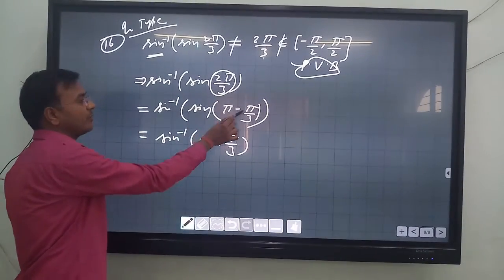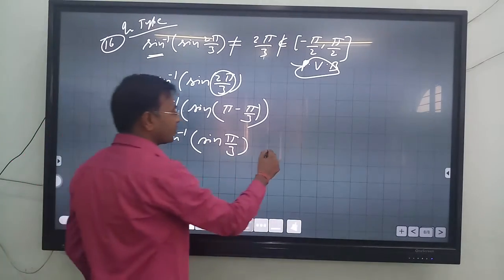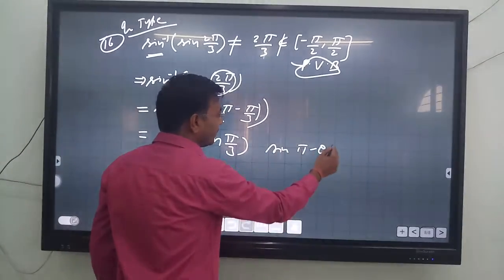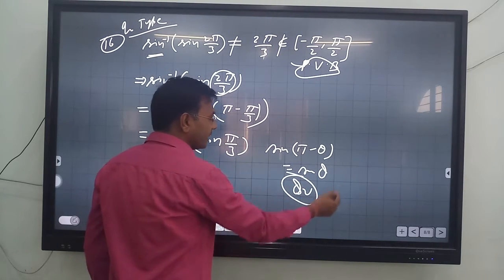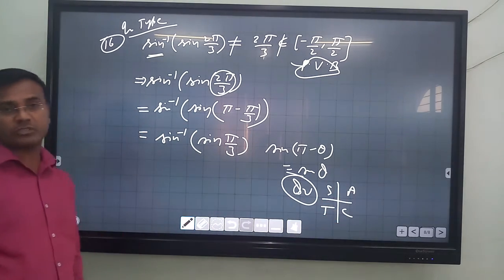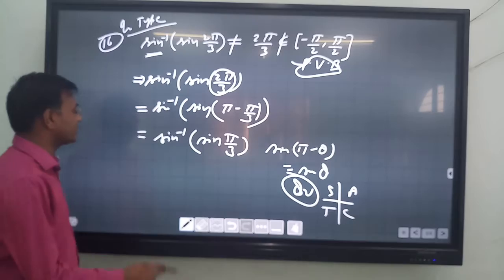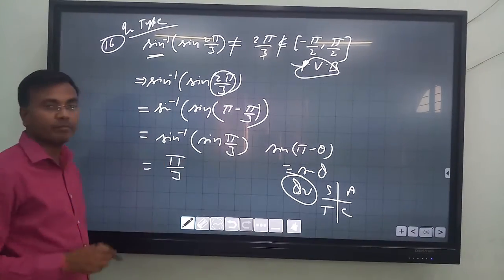So sine pi minus theta equals sine theta. This is the quadrant rule, second quadrant. We are using ASTC. That is chapter 3. You must revise this chapter. So now the answer is pi by 3.